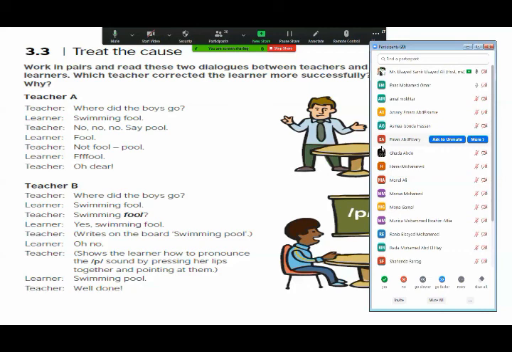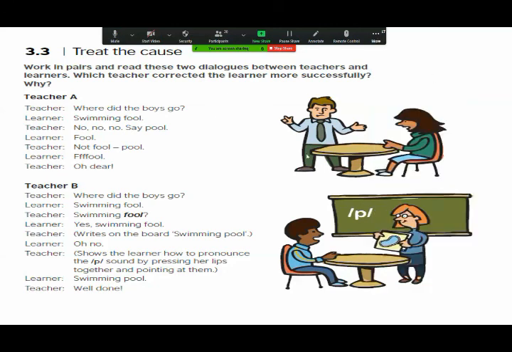The learner doesn't know that he made a mistake when he repeated the same sentence, "swimming fool." So the role of the teacher is to correct this mistake.